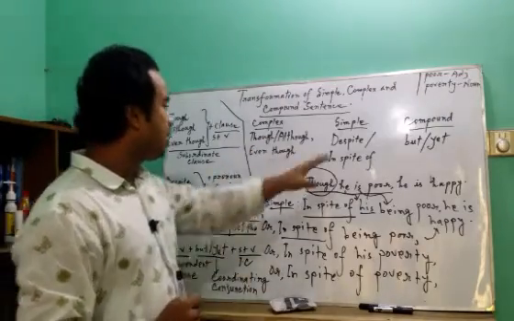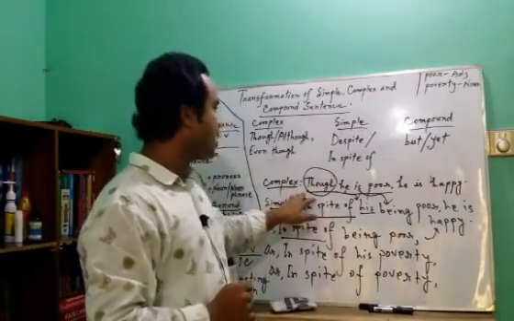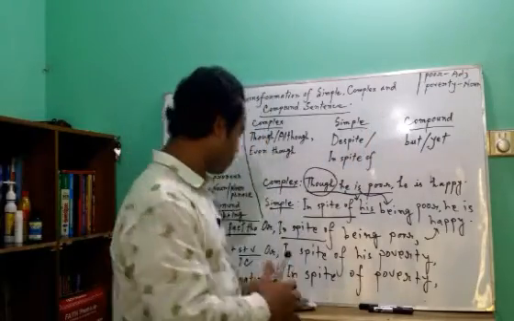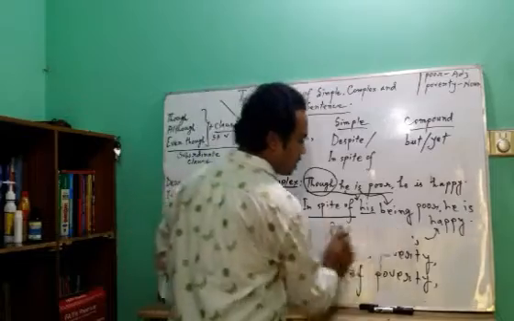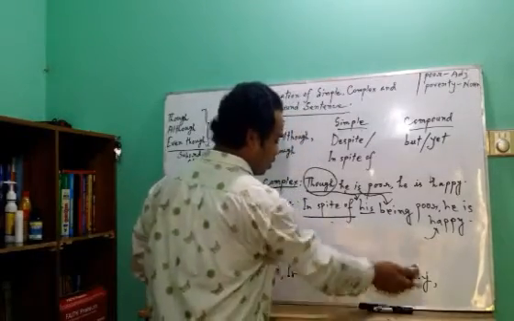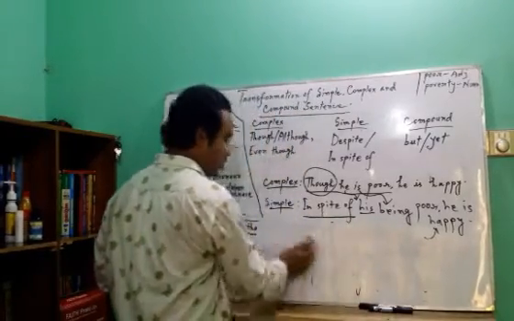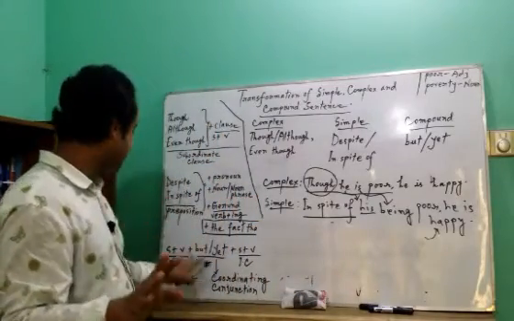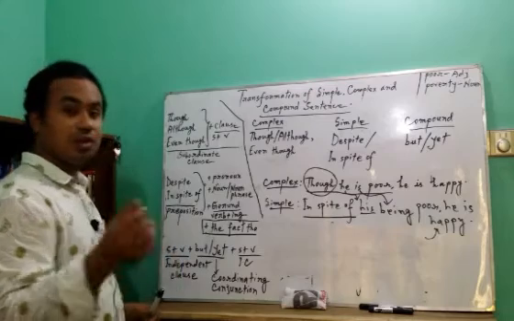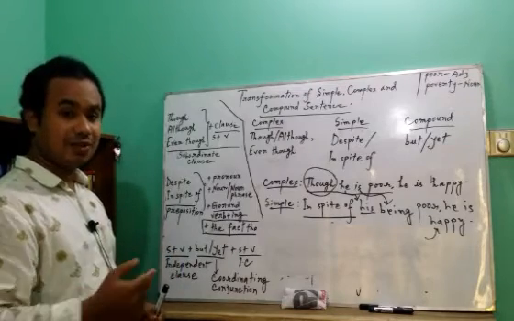Now it has to be changed into a compound sentence. We know that in a compound sentence we join two simple sentences, or two independent clauses, with a coordinating conjunction.